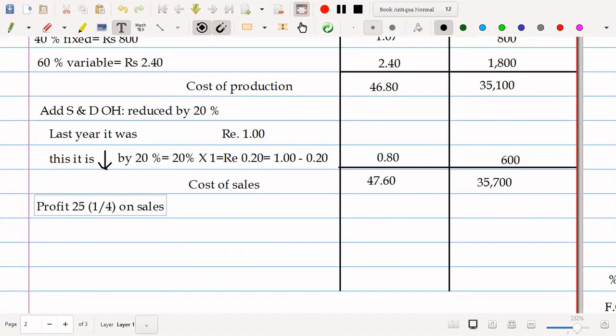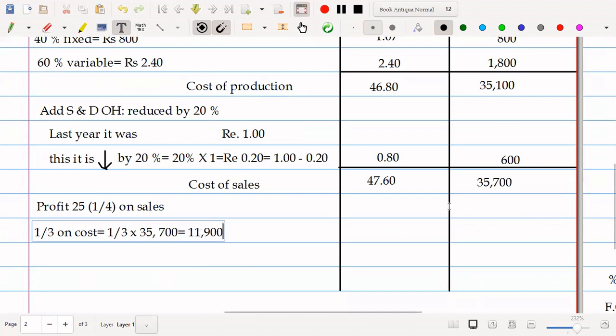But we don't know sales, so we can take it as 1/3 on cost. That is 1 divided by 3 into 35,700, which comes to 11,900. Or you can take 1/3 into 47.60. It will come to 15.87.